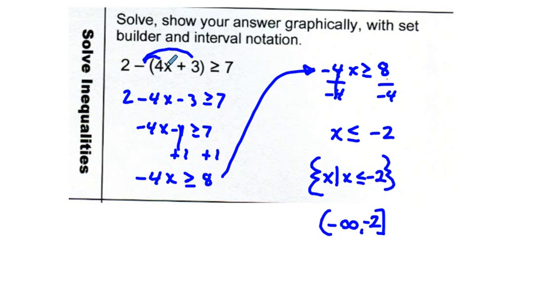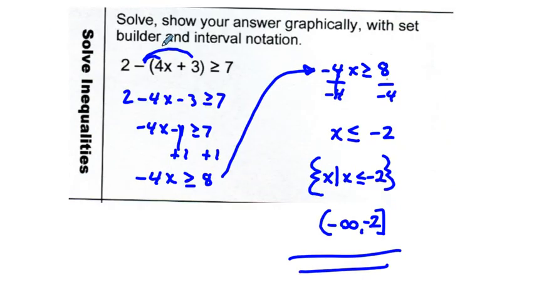If we try 0, it should not work, because we should get less than negative 2. So we plug in 0, we're going to have 2 minus 3. Well, is that going to be greater than 7? No, that's less. We could try one that actually works, but that's going to be our answer in set and in interval notation.